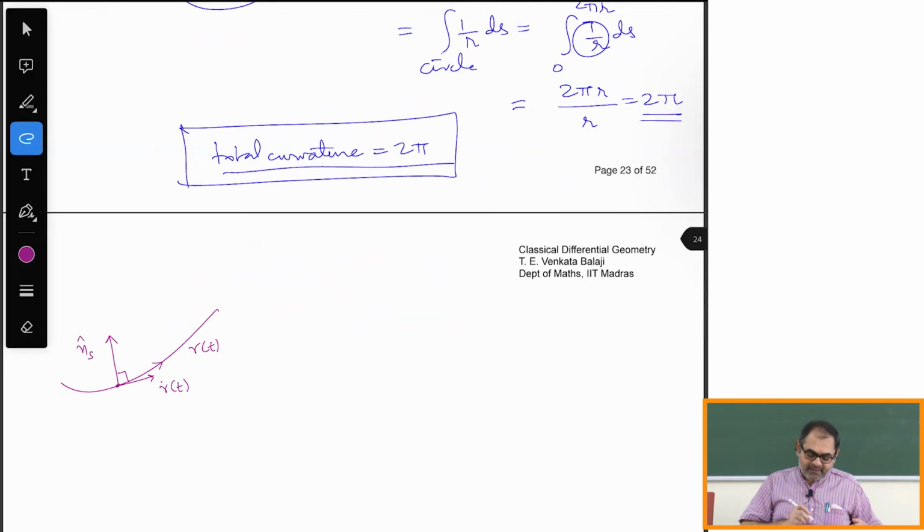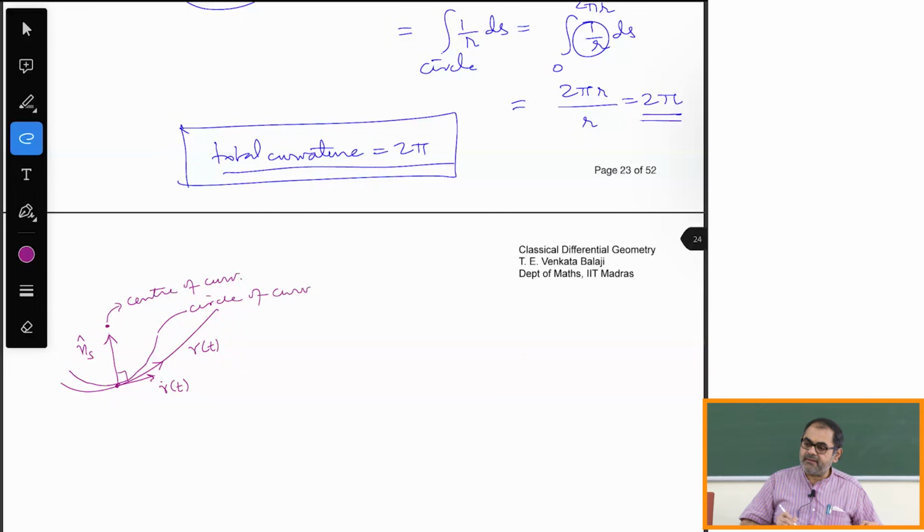Now you see the sine normal is pointing towards the center of curvature, because at this point the circle of curvature will be like this, and the center of curvature will be somewhere here. So this is the center of curvature, and this is the circle of curvature.